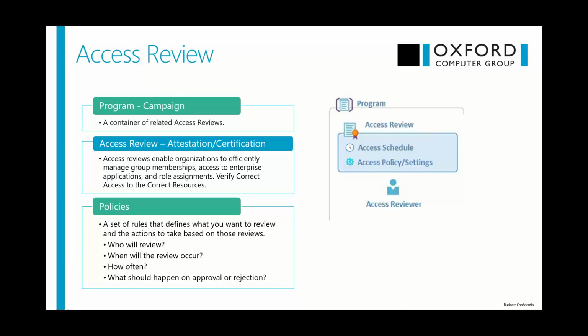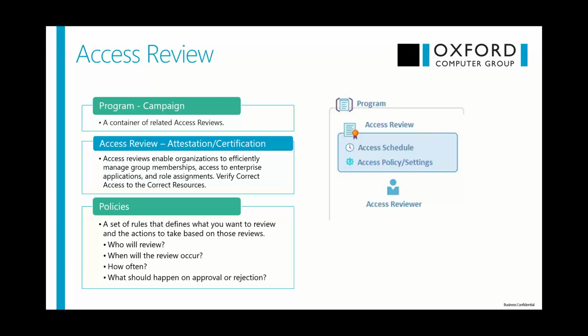For the access review inside of Azure IGA, we have a program or a campaign. Some of you might be familiar with IGA terms. Microsoft doesn't use some of the same names as some of the other IGA solutions out there. So a program is considered a campaign, where it's a container of all the related access reviews.